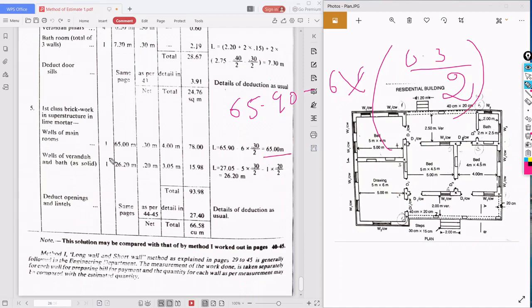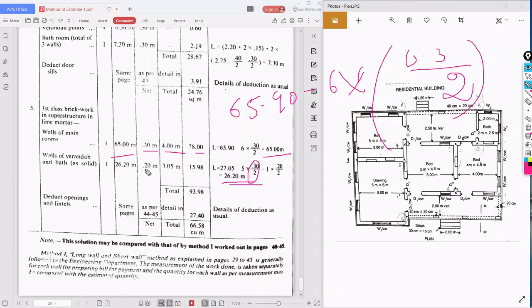So the width is 0.3. How much is the height? 4 meter, we already know. Multiply, 78 cubic meter. For the 20 centimeter wall, same, 27.05 minus 5 into 0.3 by 2, this 5 is for the 30 centimeter wall, minus 1 into 0.2 by 2, so 26.20.